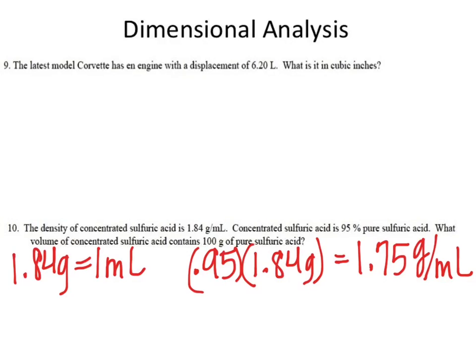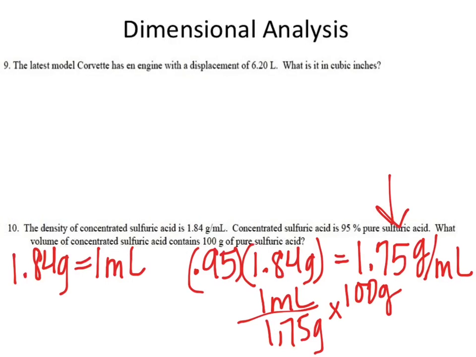So if I gave you 100 grams of pure sulfuric acid, what would that volume be? Well, right here is our conversion factor. So we know that in 1 milliliter, there is 1.75 grams. And how many grams have I given you? 100. So I want you to tell me what that volume would be to 3 sig figs.